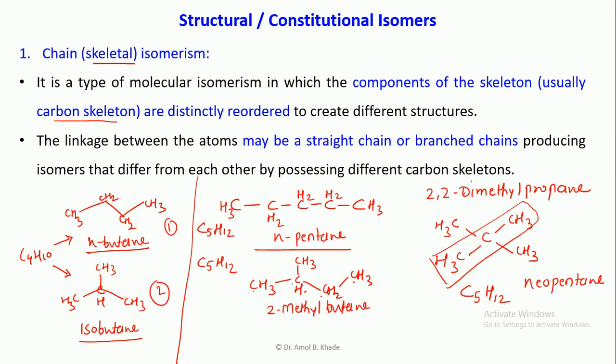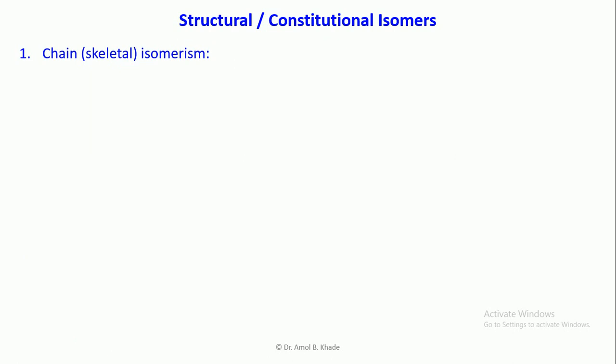Their chemical and physical properties will be totally different. The structures are different, only the molecular formula is the same. So these are referred to as isomers, and to be specific, chain isomers. We'll see some more examples for better understanding.